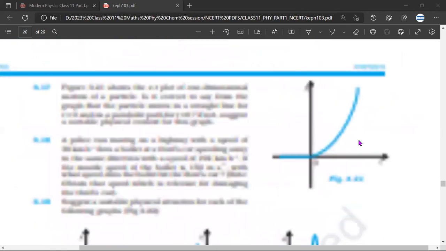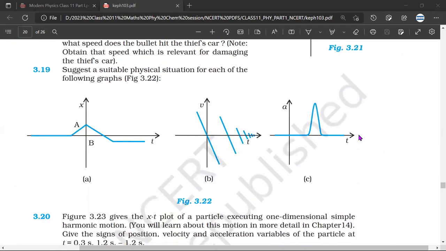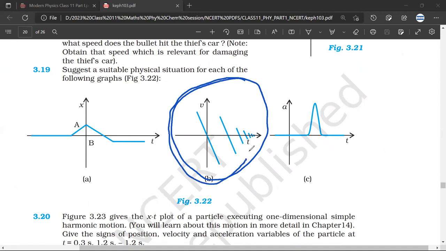If you look at this graph, suggest a physical situation for each of the following graphs. So this graph is a velocity-time graph. What we have done is similar to what is being shown in this graph. Avantika, is it making sense? Yeah. So we'll discuss the rest of the questions tomorrow.